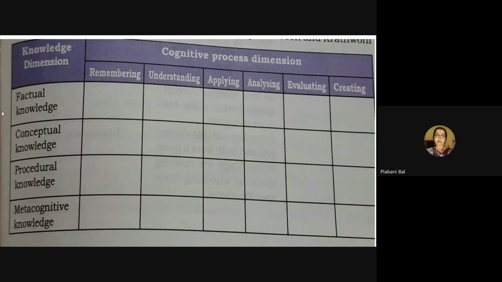Each knowledge dimension has a cognitive process dimension, which includes all these six steps. So every knowledge dimension has these six areas. For example, factual knowledge means knowledge about scientific facts. If we take one example of scientific facts, then facts again have six areas.